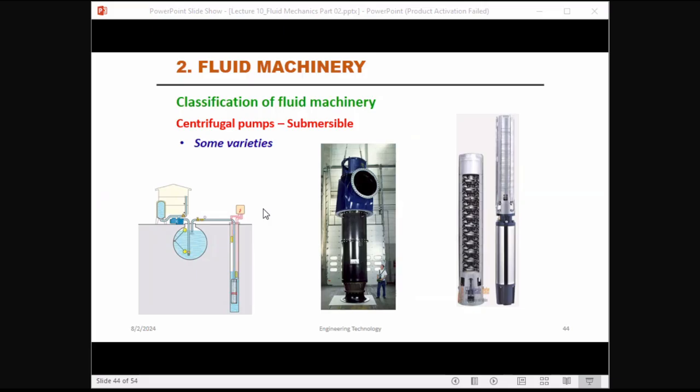Here you can see something like a well. Then the pump you can fix here, inside of the water.